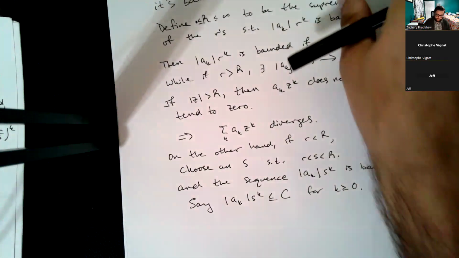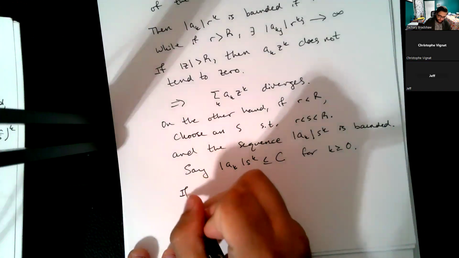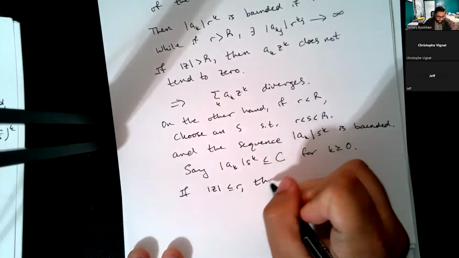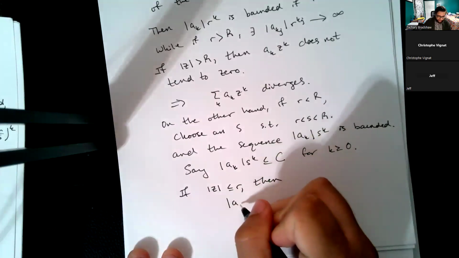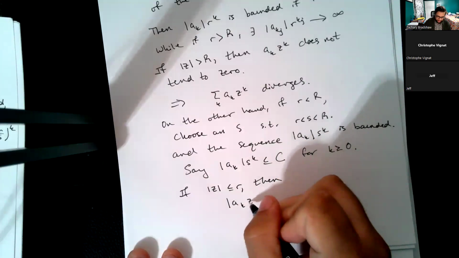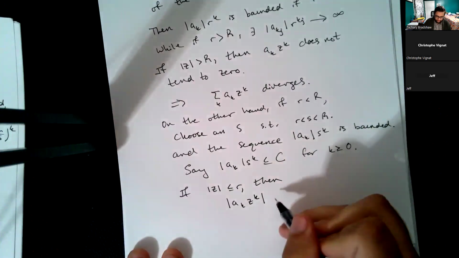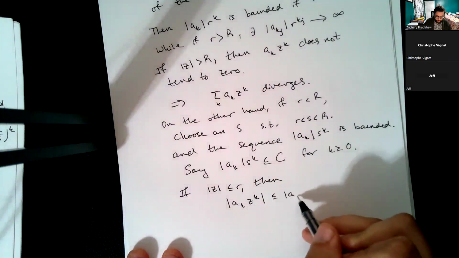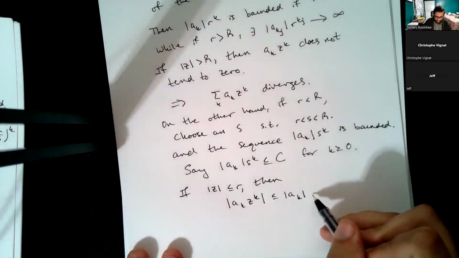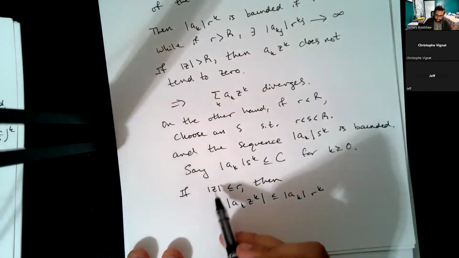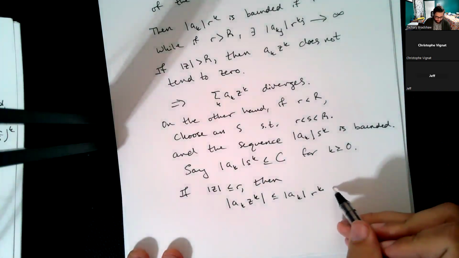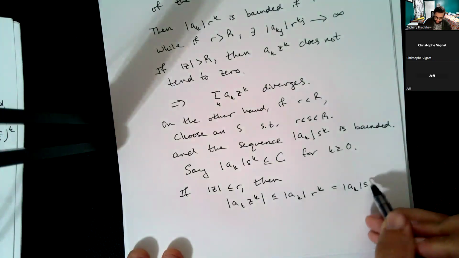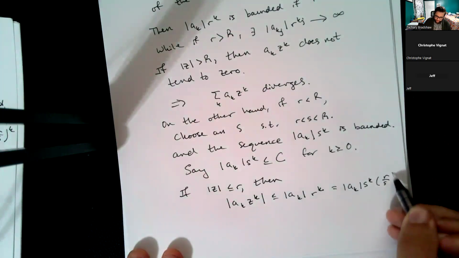Now, if the modulus of z is less than or equal to r, well, then we can write the modulus of a_k z to the k, so these are the terms of the power series, is less than or equal to modulus of a_k r to the k by this assumption, which is equal to modulus of a_k s to the k times (r over s) to the k.